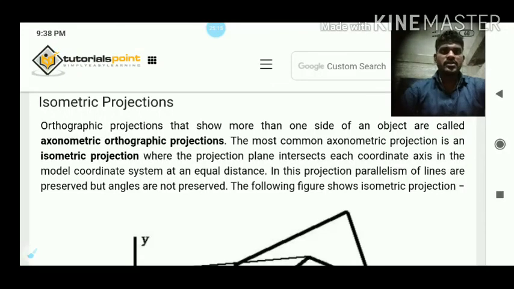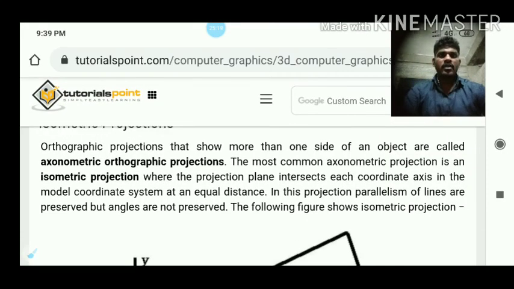Orthographic projections that show more than one side of an object are called axonometric orthographic projections.